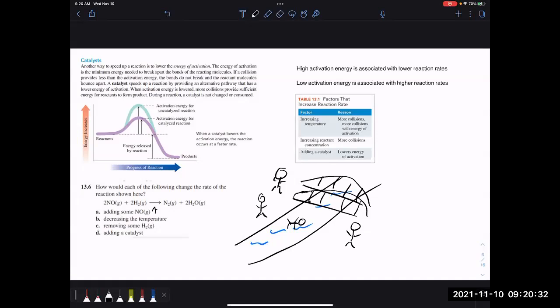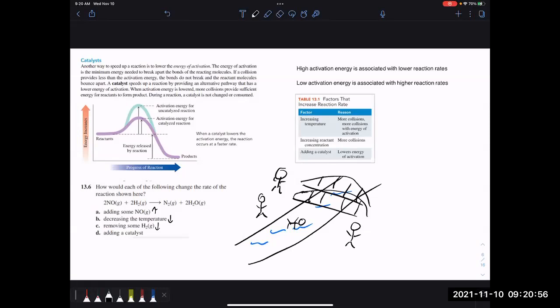It'll increase the rate of reaction because we're adding more reactants. If we decrease temperature, we'll decrease the rate of reaction. If we remove some hydrogen, we're decreasing the number of reactants or the concentration, so we're going to decrease the rate of reaction.